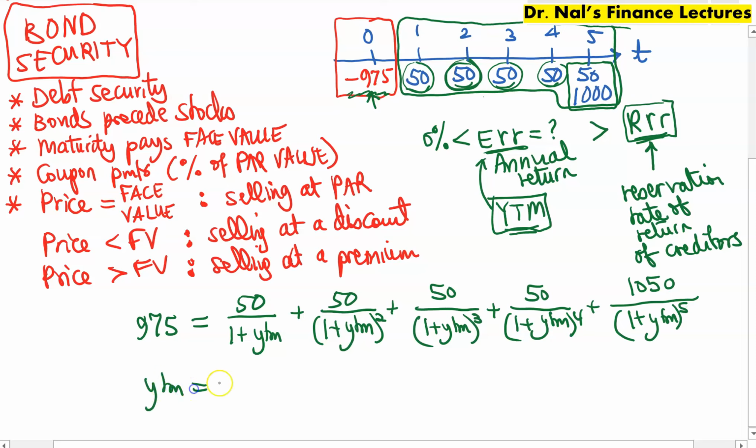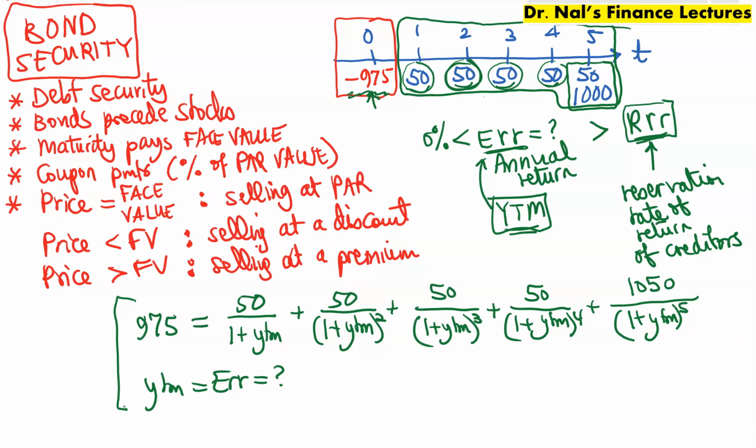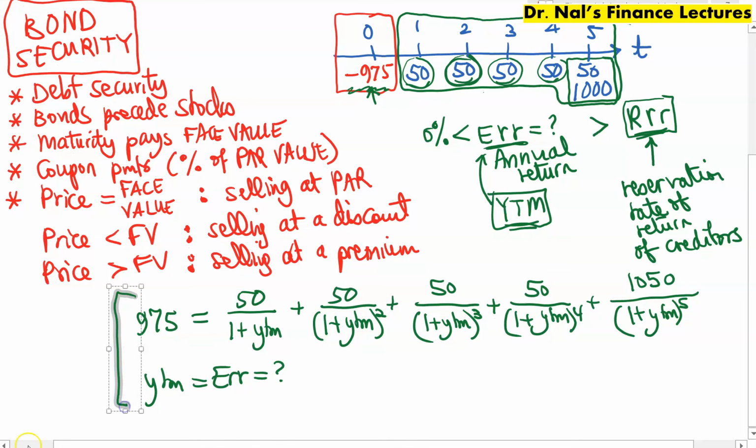YTM, the yield to maturity, is just the expected rate of return of this security. Obviously, mathematically speaking, this will be almost torture to try to solve this fifth-degree polynomial. Instead, we will use Excel to do it, and let me just go ahead and open Excel next, and in Excel we should be able to pretty efficiently make the calculations, basically.